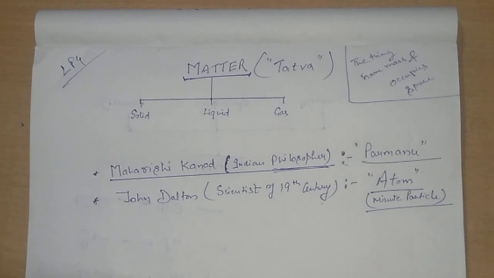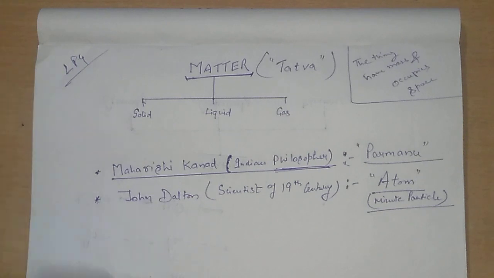Now, what are atoms or Parmanu? Atoms or Parmanu are very small particles. The matter around us is of different shapes and sizes, clear? Everything around us is matter, and matter could be of different shapes and sizes.